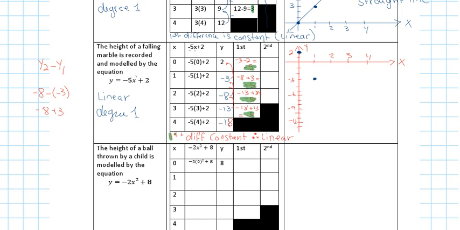So it's going to be about here. And then 3 and negative 13. So it's going to be about here. So now, not to scale, but you guys probably can do it better on a piece of paper. Okay, so again, it's a straight line.